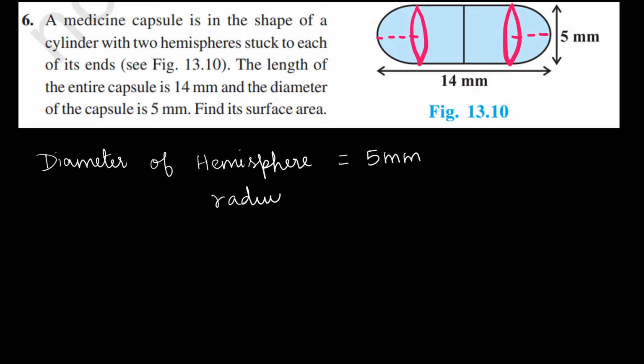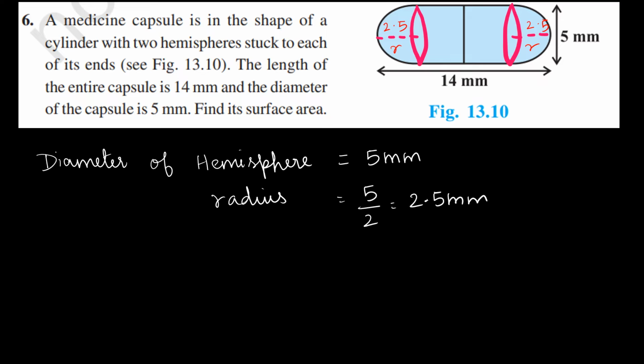The radius of the hemisphere is 5 by 2, that is equal to 2.5 millimeter. Here in this picture, this is 2.5 and this is 2.5. This is the radius.